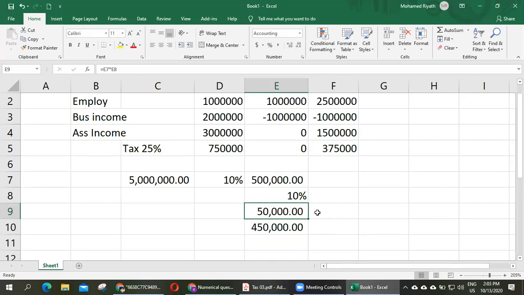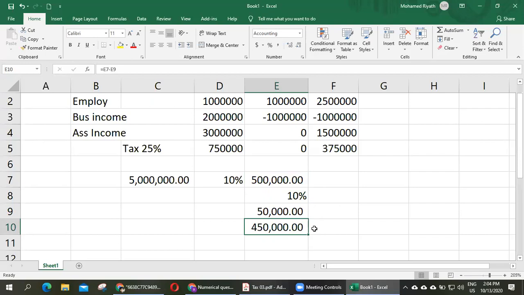So it means you have already paid tax on that income. For this income, have you paid income tax or not? Paid. You already paid. Then do you need to include this amount in the calculation of income tax?